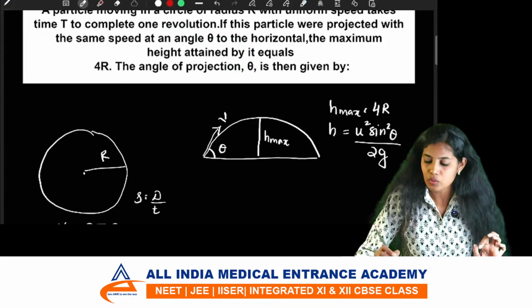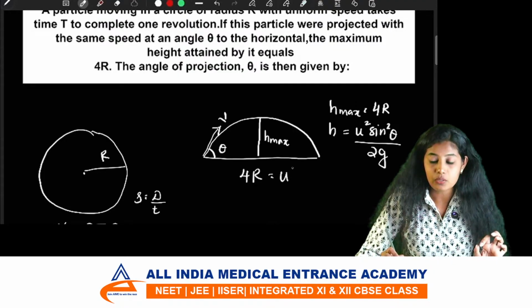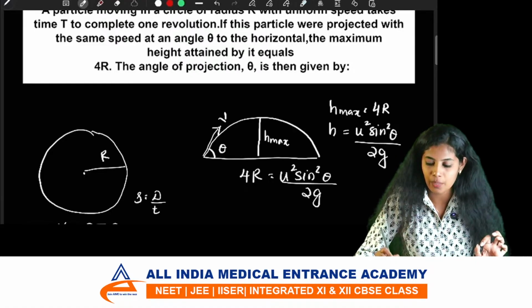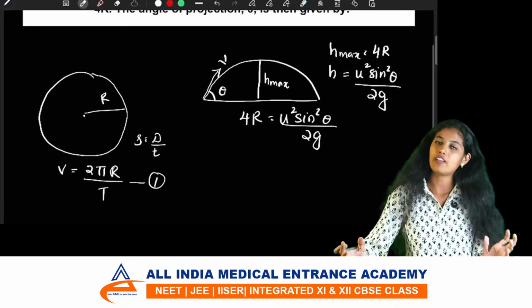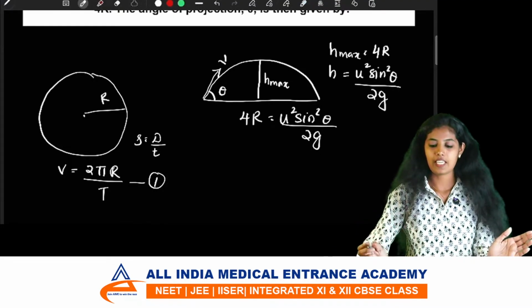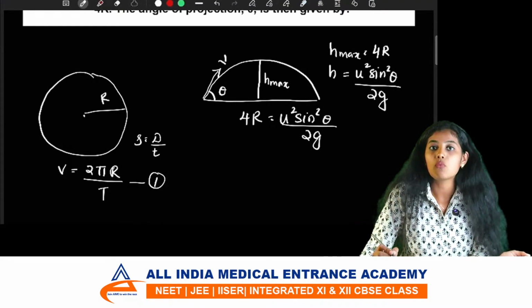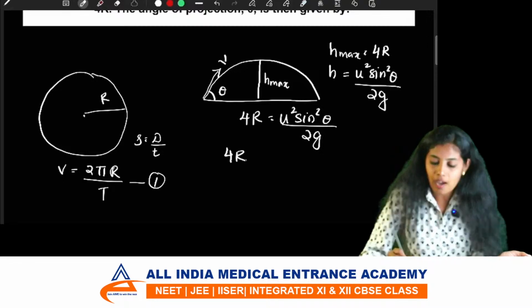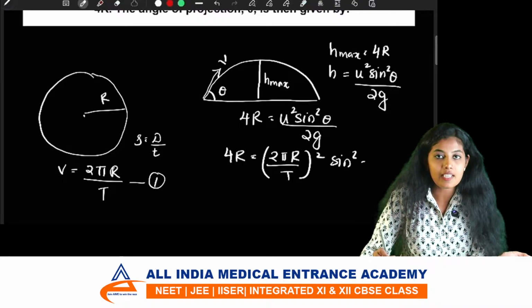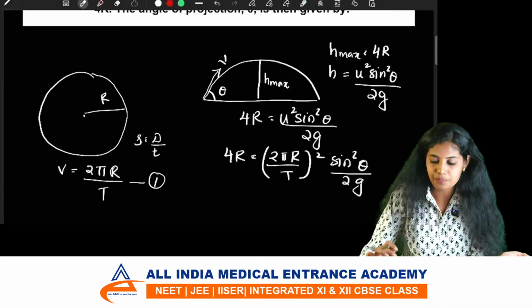Very simple. Instead of h you can substitute 4r. 4r is equal to u square sine square theta by 2g. And what about u square? We have already got it from the previous case, from equation number 1, so we can substitute here. 4r is equal to (2 pi r by t) the whole square, sine square theta by 2g.